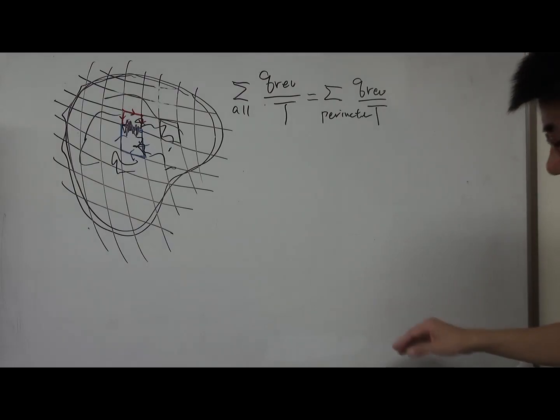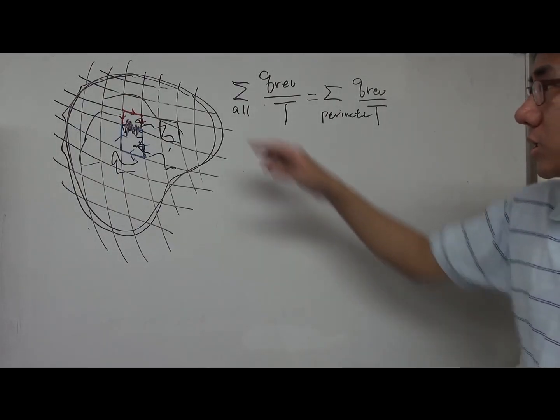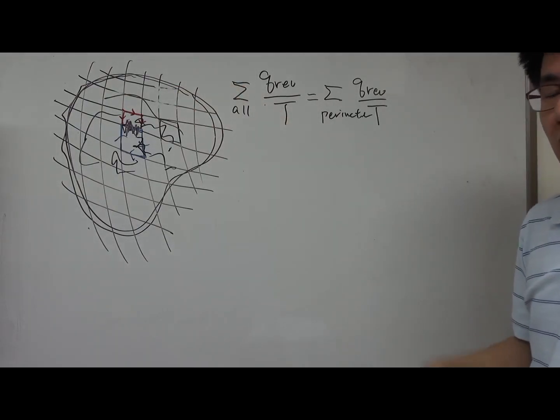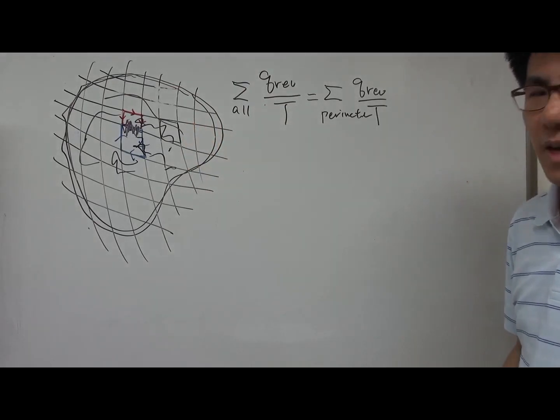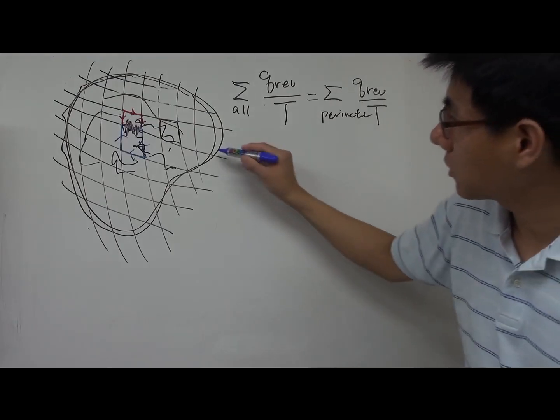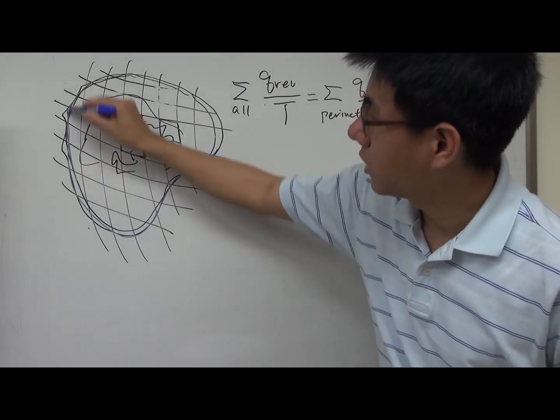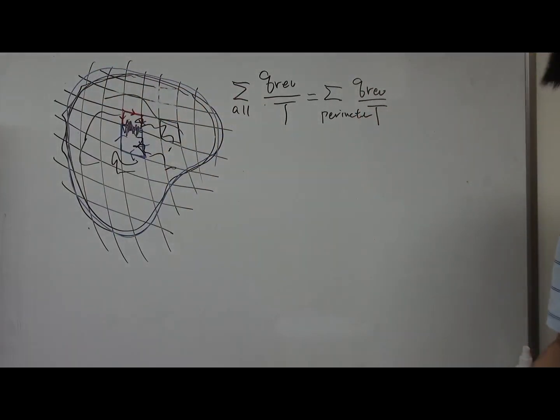And if you draw these isotherms and adiabats with very small gaps, the whole perimeter should correspond to this original arbitrary cycle.